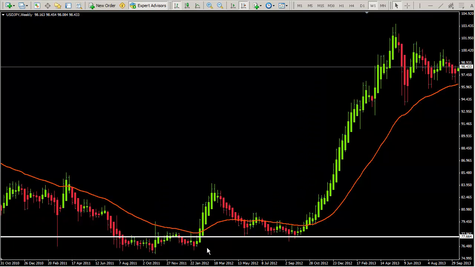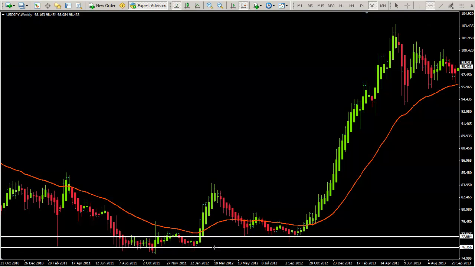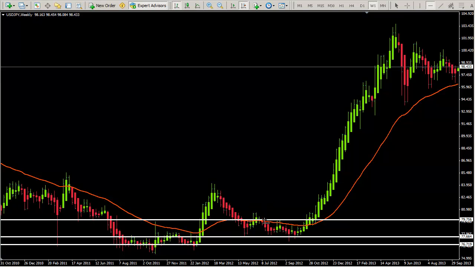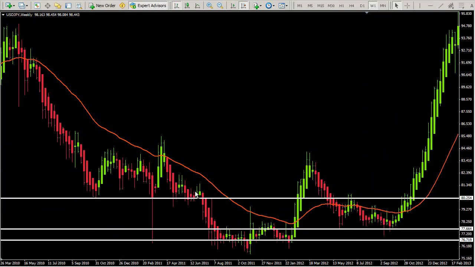Yes, it is. Now, the more touches you have, the better on a support line. What you don't want to do is start drawing lines all over the place, like here and probably now also here where we have a lot of touches.